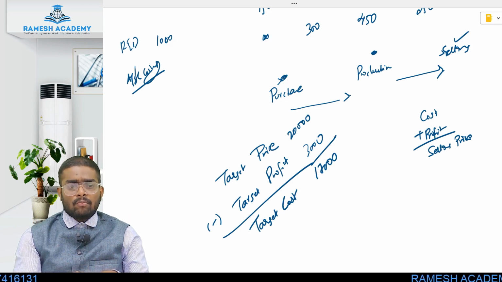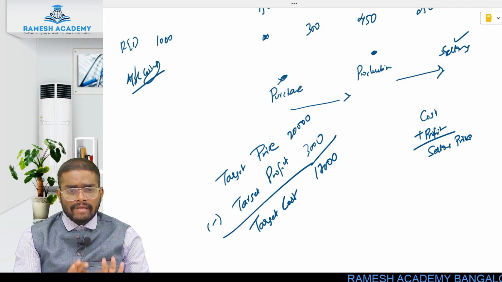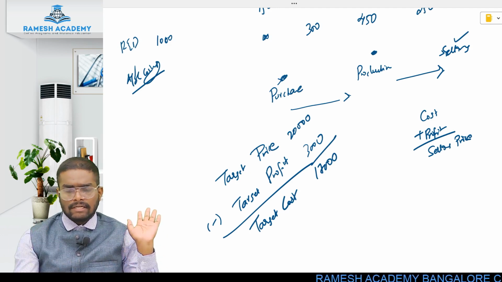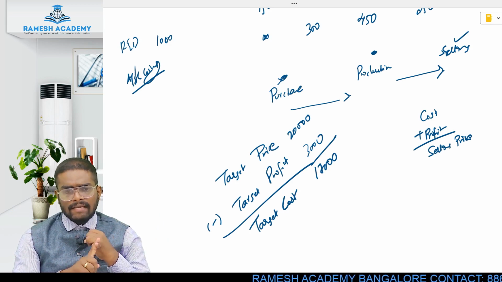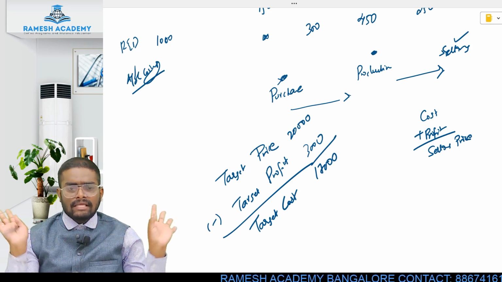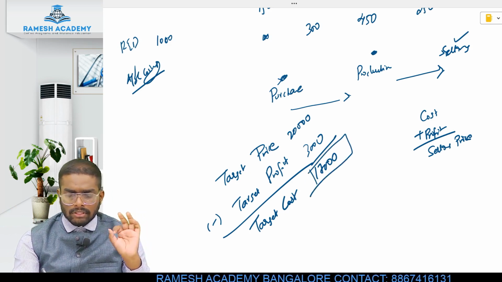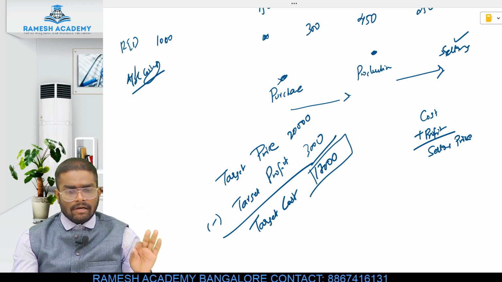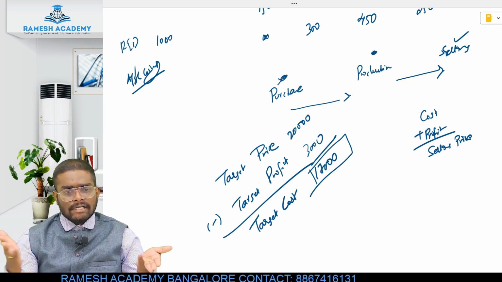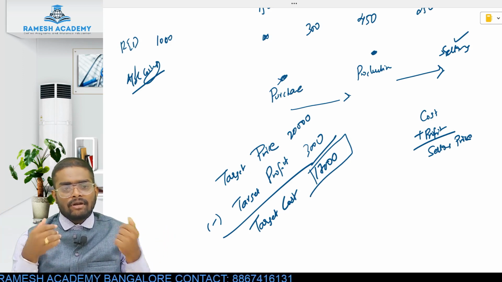So now Oppo is bound to make a product at 17,000 itself. Whether it follows just in time or any other method, the cost should not increase. The cost should not be above 17,000, because the competitor's price is 20,000. We can't go over and above that, because we are not a premium product.